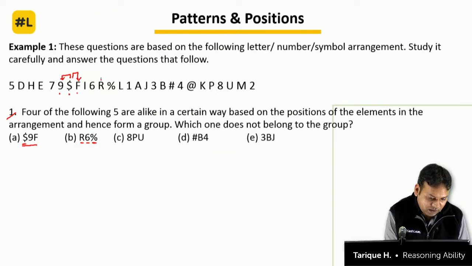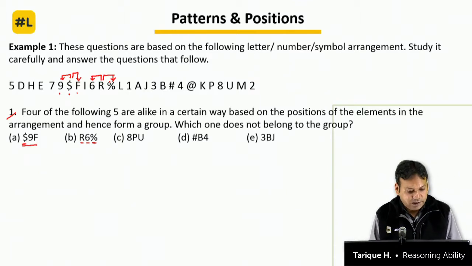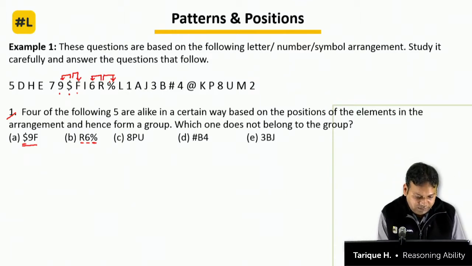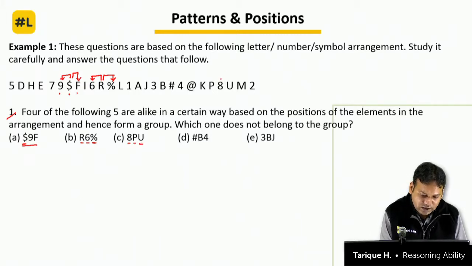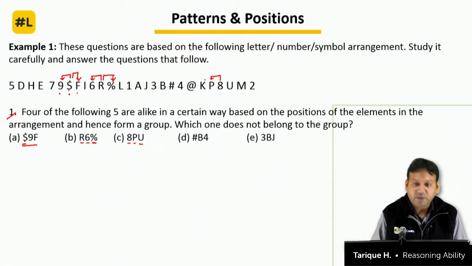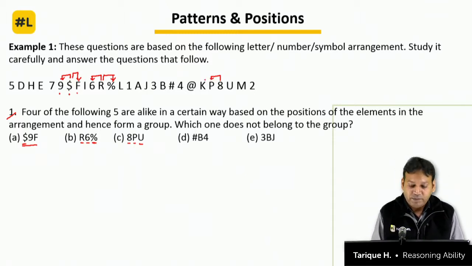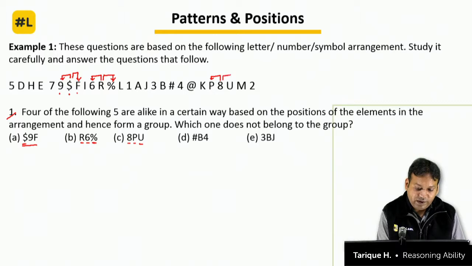If you look at R and go behind R, the first one is 6, and if you go forward we get percent, that's R 6 and percent. Next we have 8, P and U, which also has the same type of structure. From the first we go behind, 8, so we get P, and then we go forward, we get U.